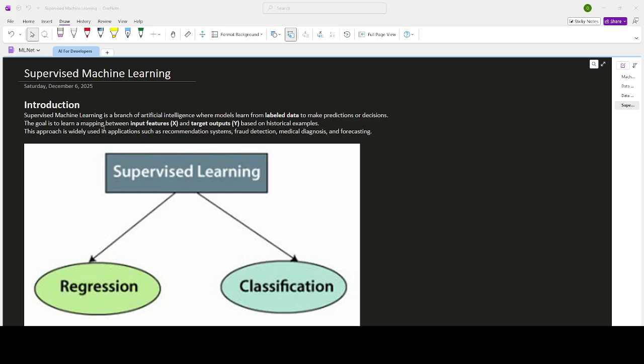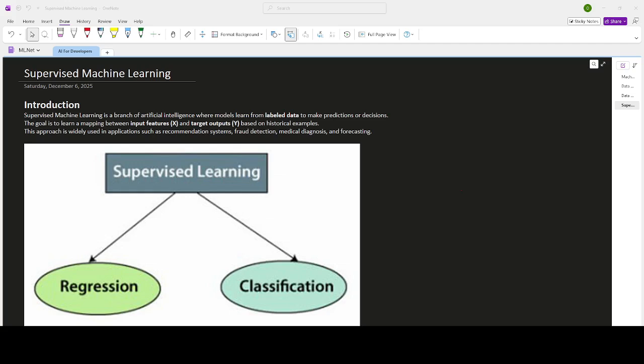The goal is to learn a mapping between input features X and target output Y based on historical examples. This approach is widely used in applications such as recommendation systems, fraud detection, medical diagnosis, and forecasting. Supervised machine learning is broadly divided into two sections. One is regression, another is classification.